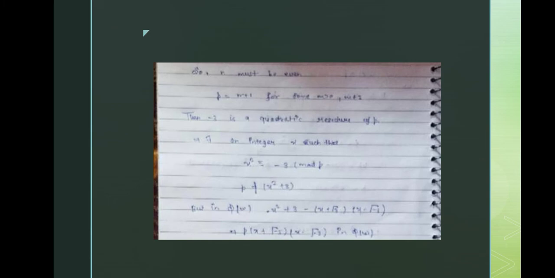But Q(ω) is a simple field, which implies p divides x plus √-3 or x minus √-3 in Q(ω). Either x by p plus 1 upon p √-3 or x by p minus 1 upon p √-3 must be an algebraic integer of Q(ω), which is not so. So p cannot be a prime of Q(ω). So p must be divisible by a prime of Q(ω). Thank you.